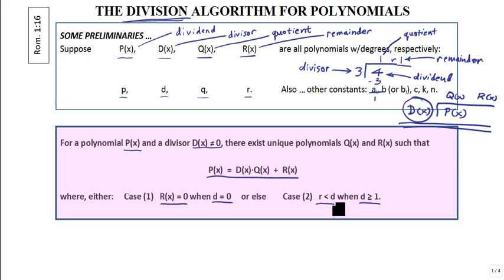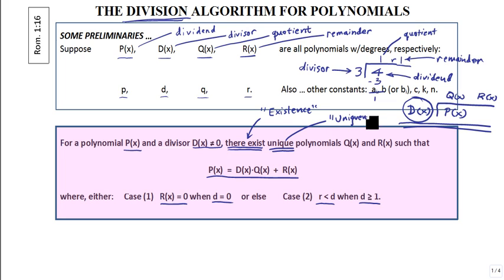Now, to get at a proof of this theorem, we're going to look at two key terms in the statement of the theorem itself. Namely, that there exists, so in the first case, this there exists is about existence. And it's not just about existence, but that it's also about uniqueness.